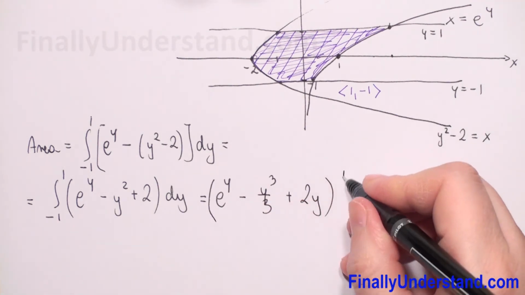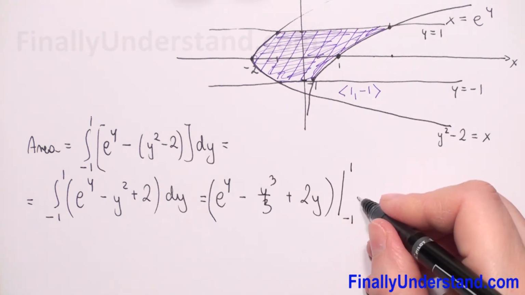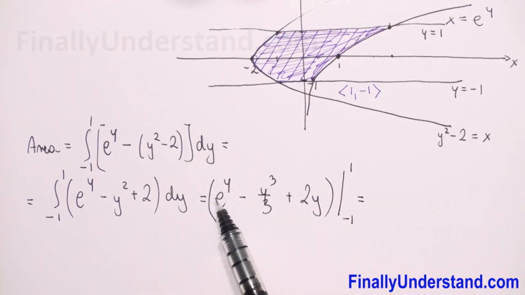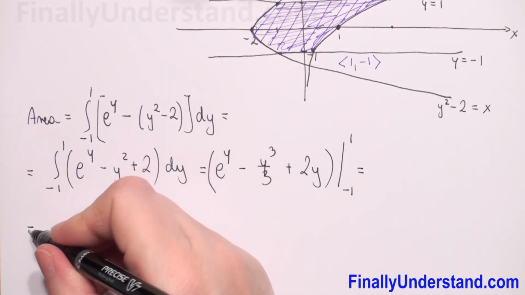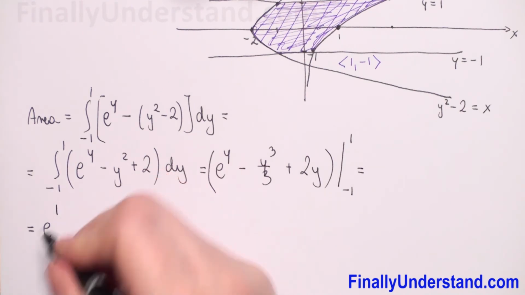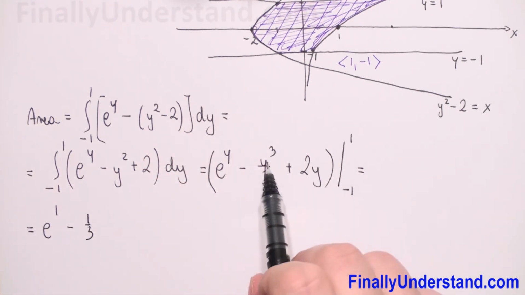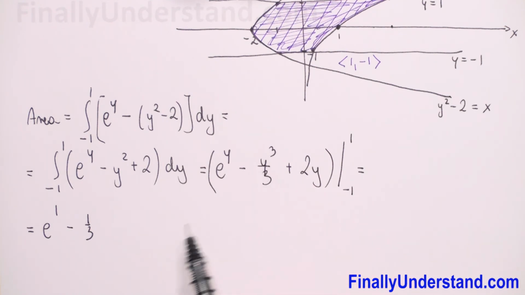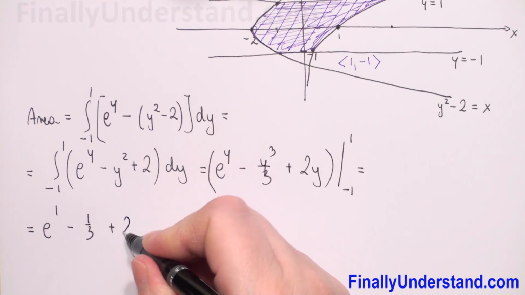And we have integration limits from -1 to 1. Now first we have to plug in the upper limit. So for 1, we will have e to the power 1 minus 1/3 times 1 to the third power, which is still 1, plus 2 times 1 is 2.